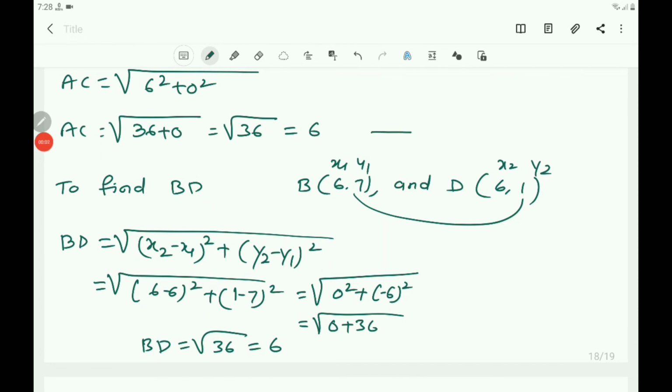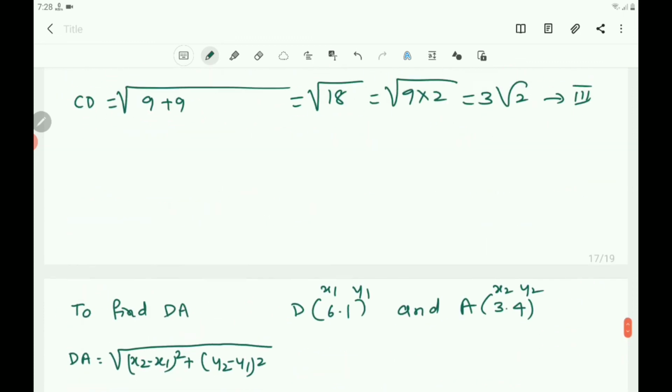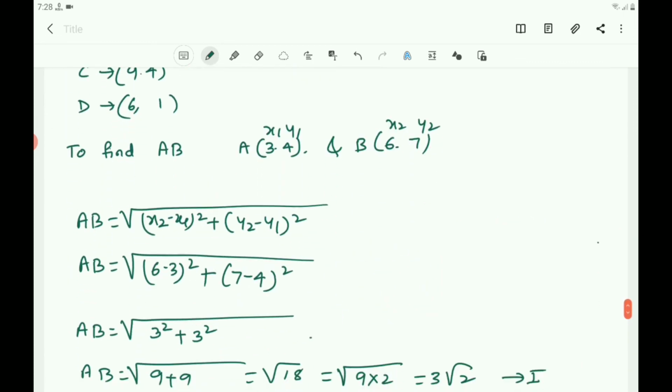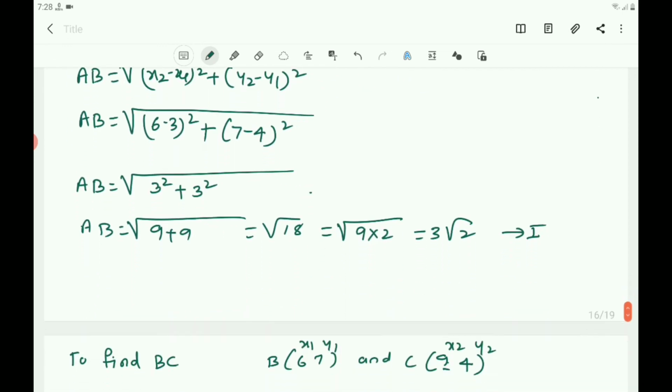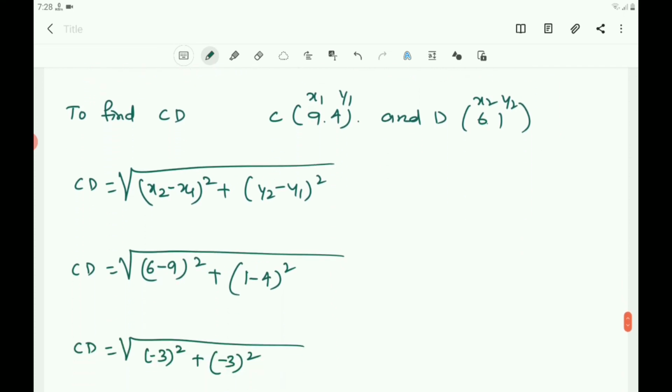Then AC you got 6, that is the fifth one. Then BD you got 6, that is the sixth one. Then first, second, third, fourth: the first one is 3 root 2, that is AB. The second is also 3 root 2, that is BC.